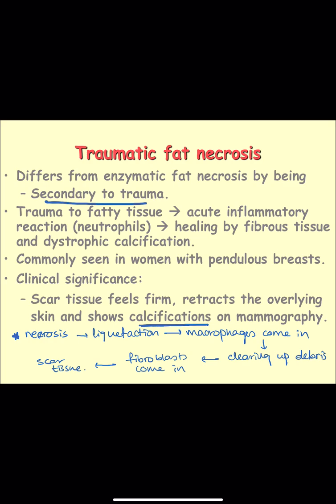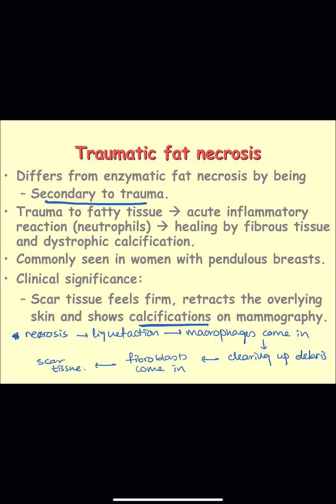Now, if it's in the breast, that actually may open a Pandora's box for the treating physician. Why? Because those calcifications are going to appear on someone who's doing a mammography for follow-up of cancer, or to see if there's any tumor developing in the breast, in the form of surveillance of breast cancer.